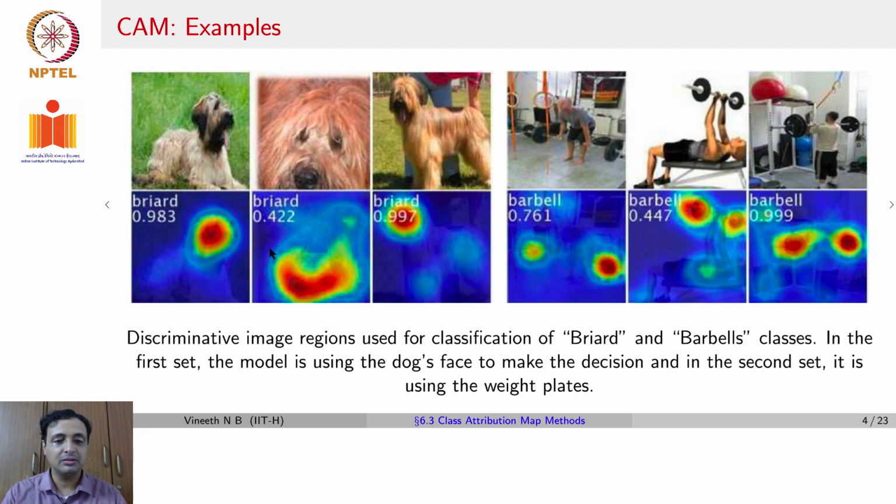In each of these cases, the CNN model looks at this particular region and calls it a Briard. Similarly so in this case, and similarly for the Barbells, you can actually see that the CNN looks at the weight plates to make the decision that this image corresponds to Barbells.